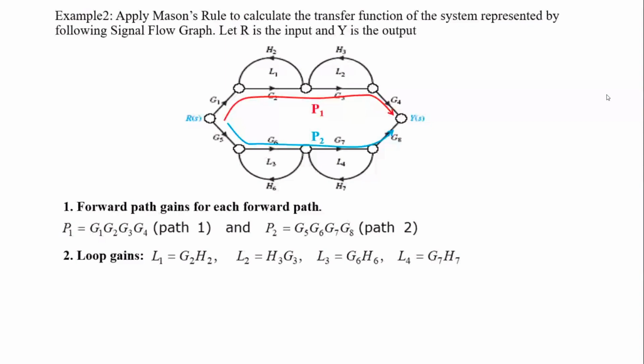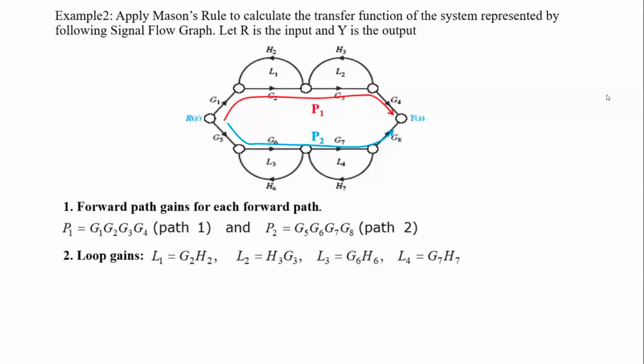P2 is G5, G6, G7, G8. Loops are G2, H2, top left, then top right G3, H3, then bottom left G6, H6, then bottom right G7, H7. So there are 4 loops.